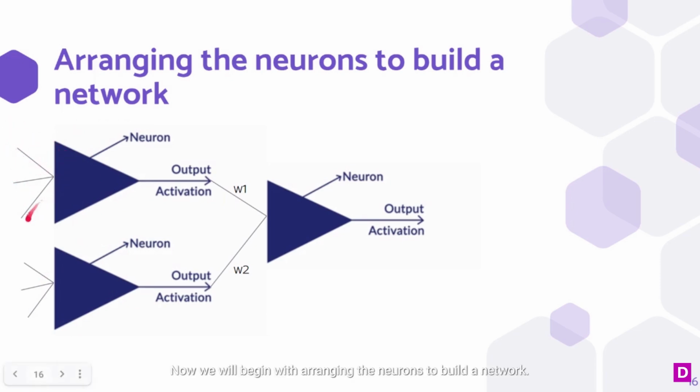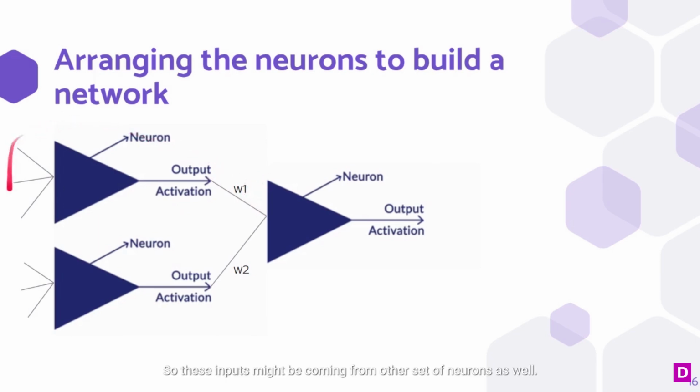Now we will begin with arranging the neurons to build a network. To reiterate, this is a perceptron or a neuron. It has different inputs with weights associated with them, that is W1, W2, W3, etc., and an output with an activation.